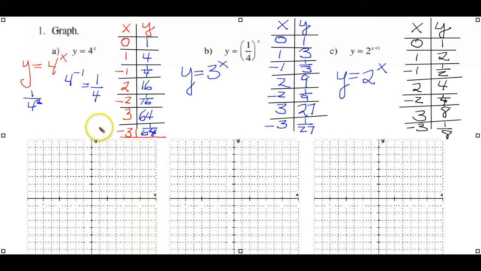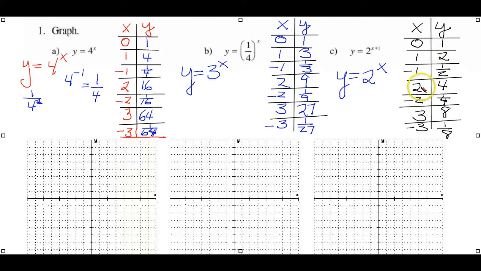Now I'm going to plot these on these 3 graphs right now, and I think what we're asking you to do is plot all of them on one graph eventually, and that'll be for your notes, and then we'll just label them so you'll have an idea when you're asked to graph this type of function what it will look like.